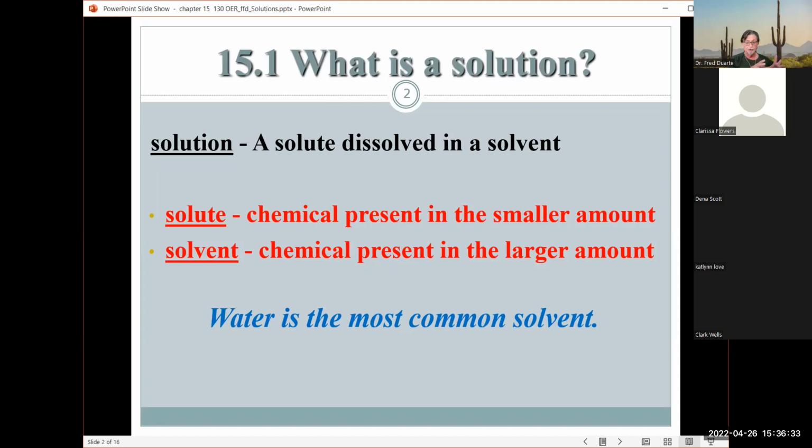A solution is defined as a solute dissolved in some solvent. But bear in mind, there are not necessarily liquids.